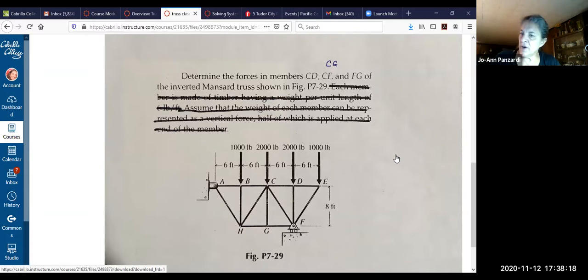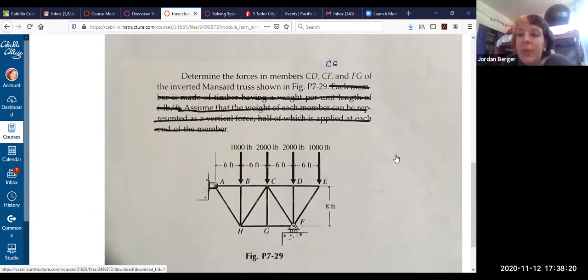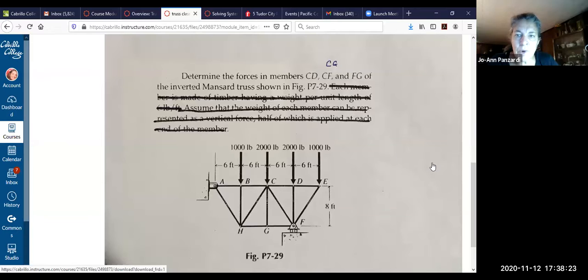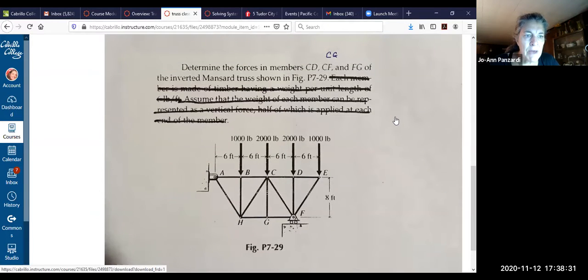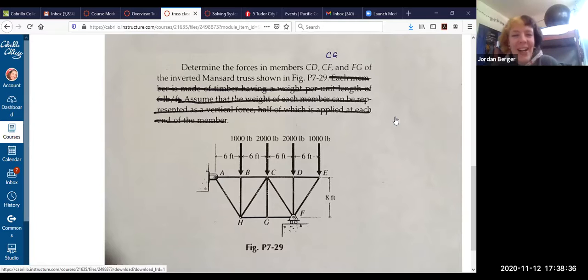Jordan, you here? Yes. Okay, Jordan. So this problem, a truss problem, asks us to find these 4 members. And what's the first step in a method of sections? What do we do? Method of sections, would we look for the 0 force members?